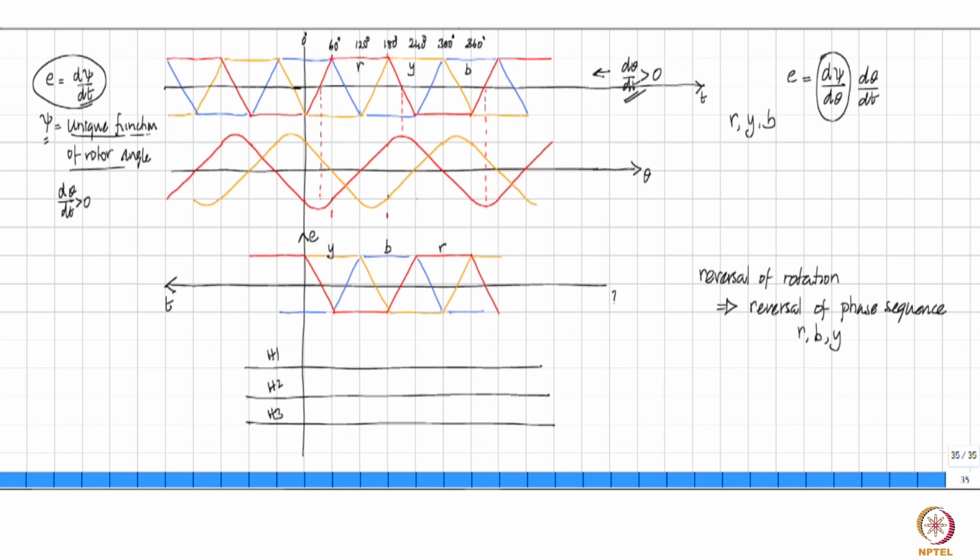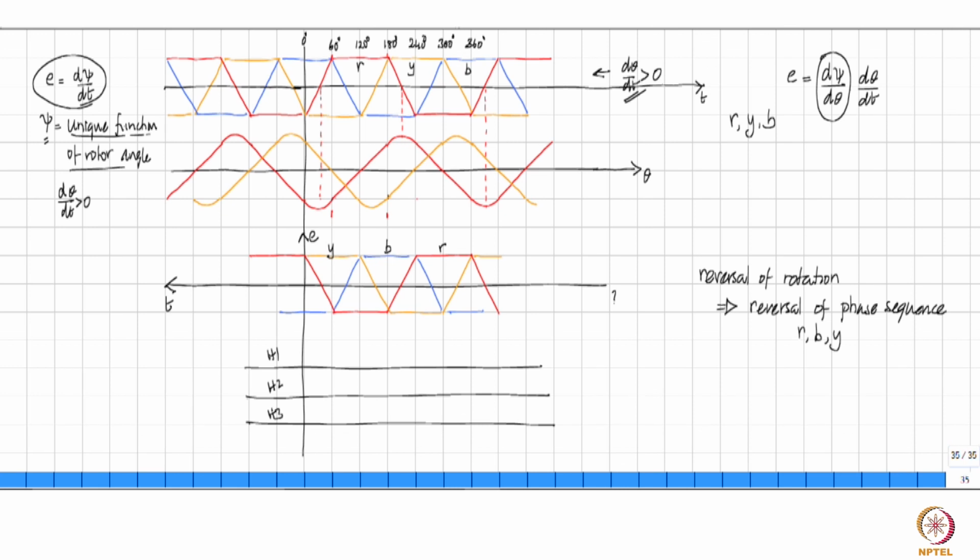Remember, the Hall switches are positioned on the stator, the rotor is rotating. Okay, therefore the Hall switches would encounter varying magnetic fields as the rotor rotates, and that is why it is able to indicate when the magnetic field under its influence becomes north or becomes equal to south.